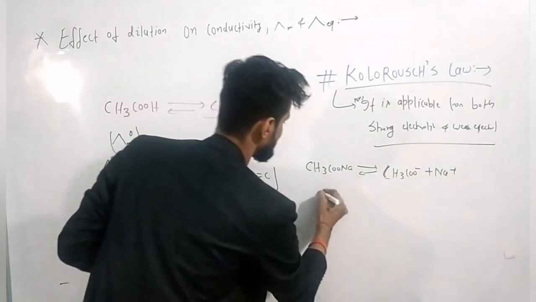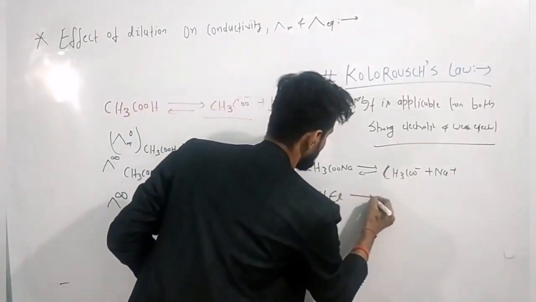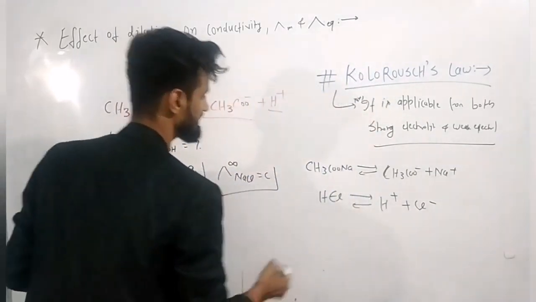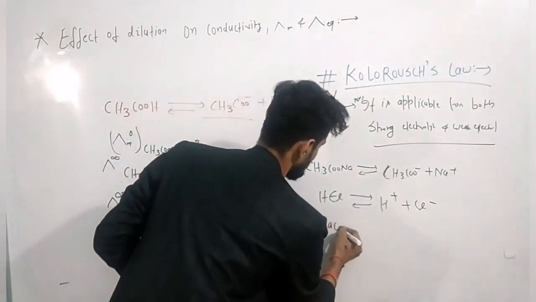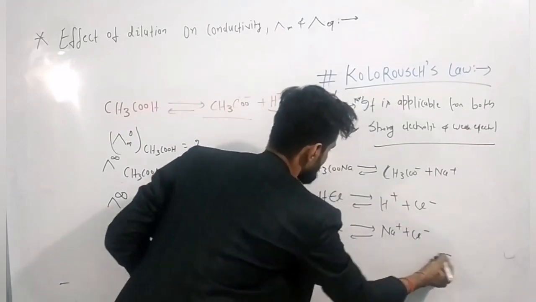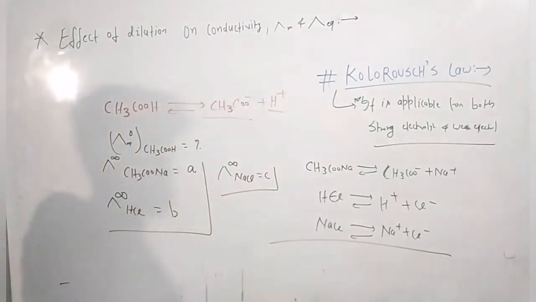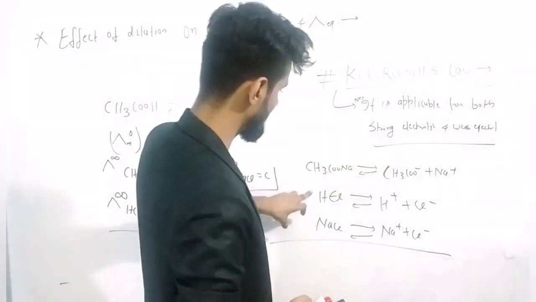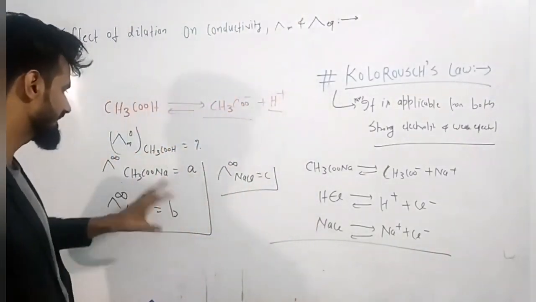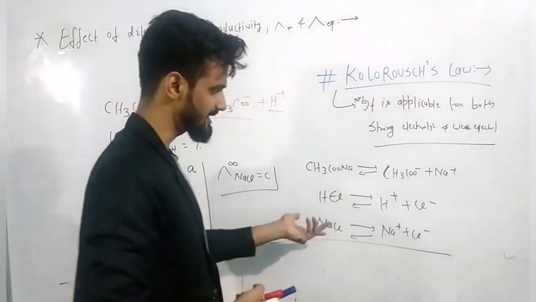Now, if HCl gets dissociated, it will produce H plus plus Cl minus, and if NaCl is going to dissociate, it will produce Na plus plus Cl minus. Okay. All these are strong electrolytes, so the value of kappa molar and kappa equivalent for all these will be given. You don't have to panic about that. Already the value is given in the question.